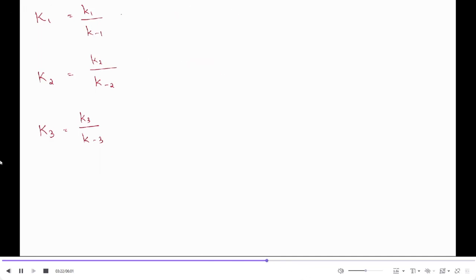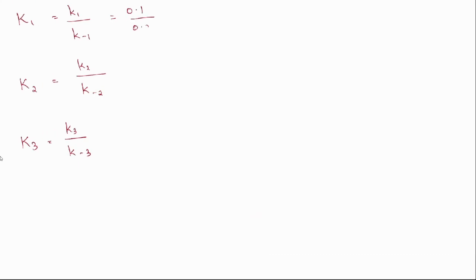We have k1 as 0.1 and k-1 as 0.2, and the ratio will be 0.5. Similarly, the equilibrium constant K2 will be 1 by 10, and that is 0.1. Now, when it comes to the equilibrium constant K3, we have the forward rate constant small k3, but we need to find k-3. So let's see how we can proceed from this.